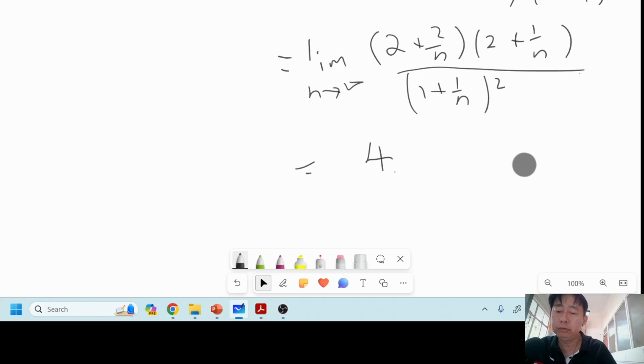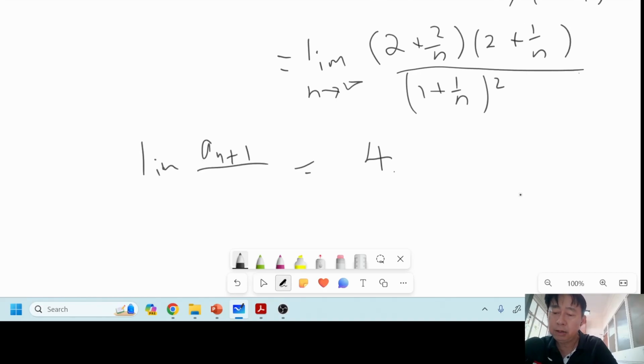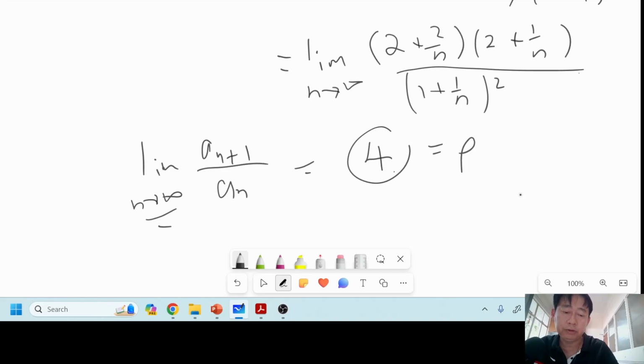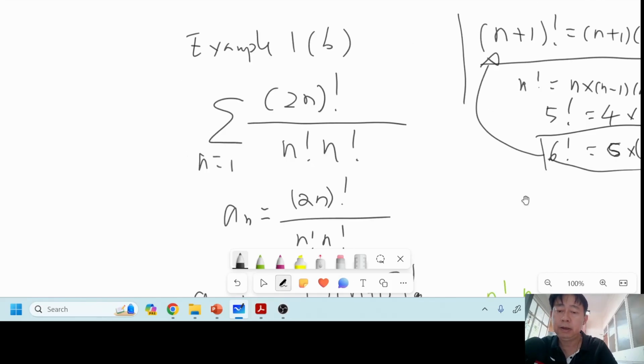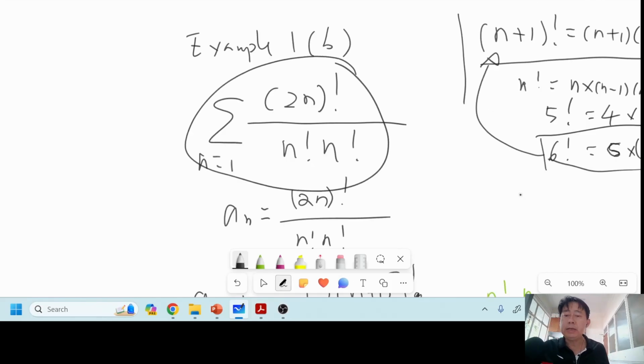So I conclude the ratio of a at n plus 1 over a at n is just equal to 4 in the limit n goes to infinity. So this is the value of rho, which is definitely larger than 1. So according to the ratio test, the infinite series in example 1b is divergent.